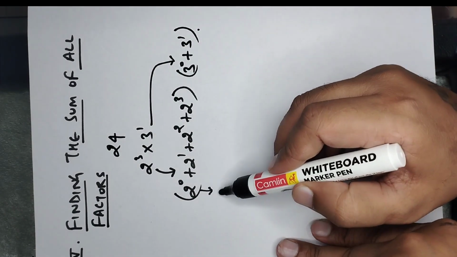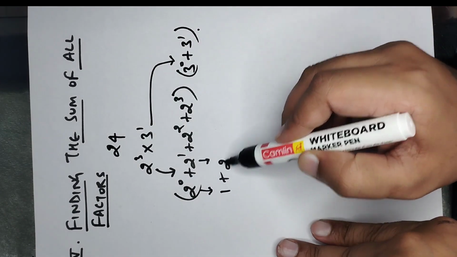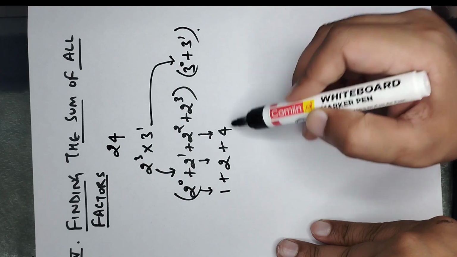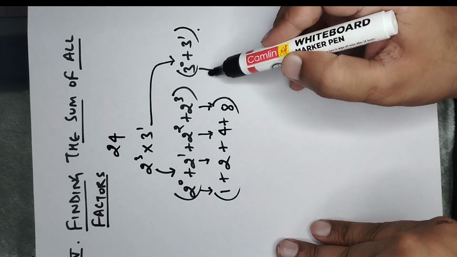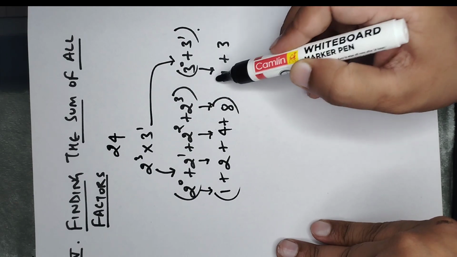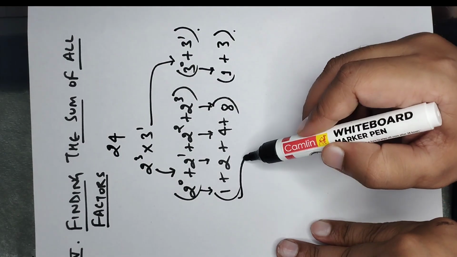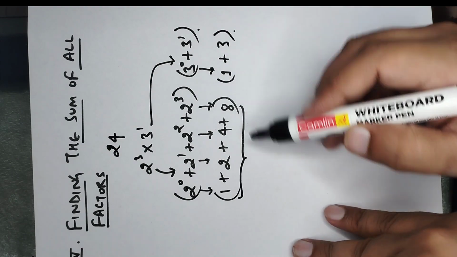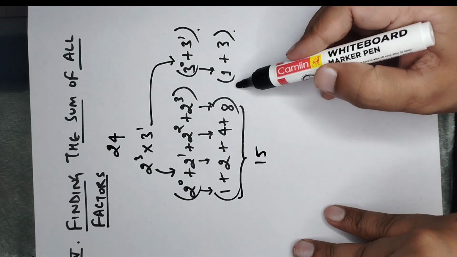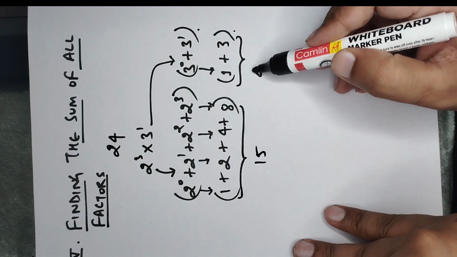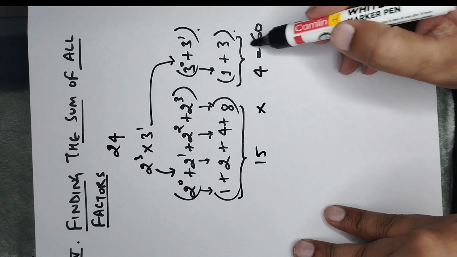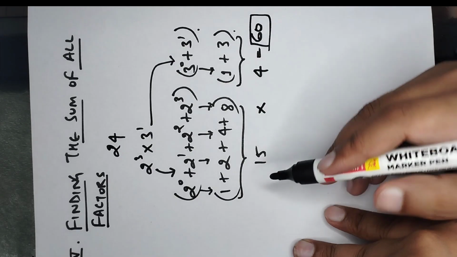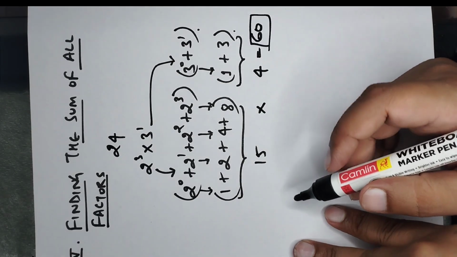So I can write this number as 1, this is equal to 2, this is equal to 4, and this is equal to 8. Similarly, this is equal to 1 and this is equal to 3. Now if I add all of them, I get 15, and if I add these, I get 4, and if I multiply them, I get 60.